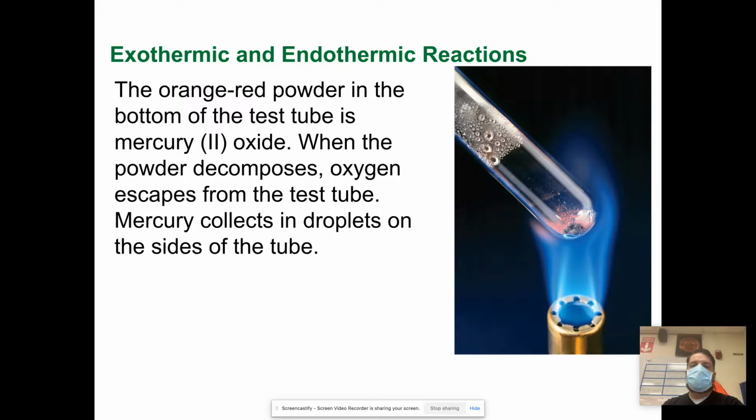When the powder decomposes, oxygen escapes from the test tube, and mercury collects in droplets on the side of the tube. So here we have the mercury oxide. You heat it up. Once it reaches 450 degrees Celsius, mercury liquid is right here. Okay, the oxygen is released through the tube. It just kind of floats up.